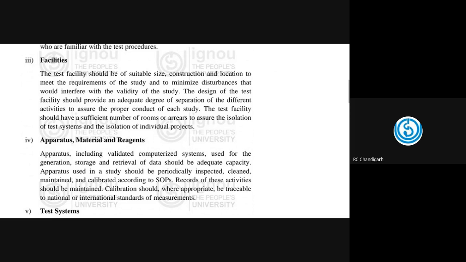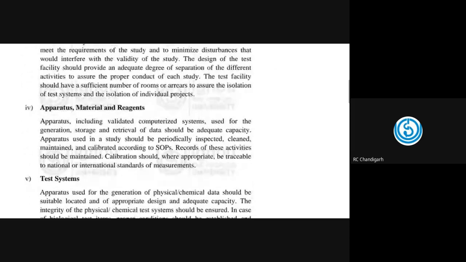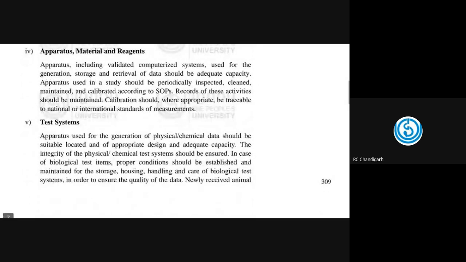Apparatus including validated computerized systems used for the generation, storage, and retrieval of data should be of adequate capacity, and apparatus used in a study should be periodically inspected, cleaned, maintained, and calibrated according to standard operating procedures. Test systems. Apparatus used for the generation of physical chemical data should be suitably located and of appropriate design and adequate capacity. The integrity of the physical chemical test systems should be ensured.